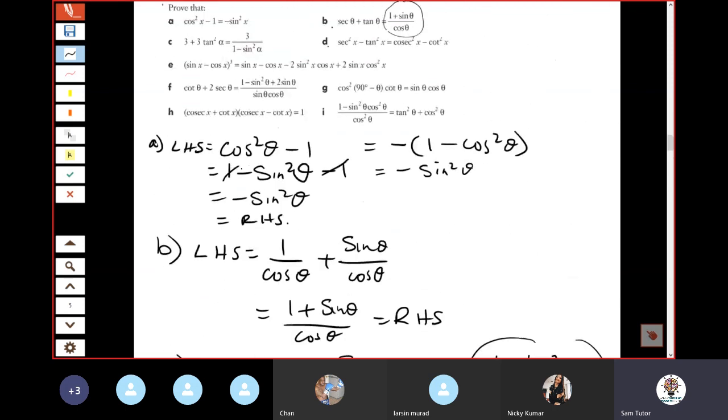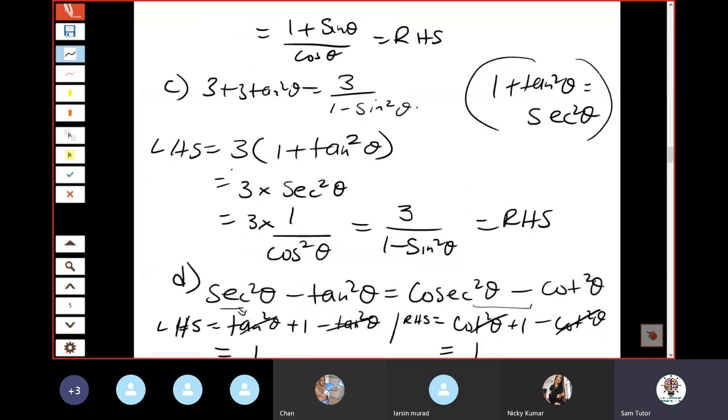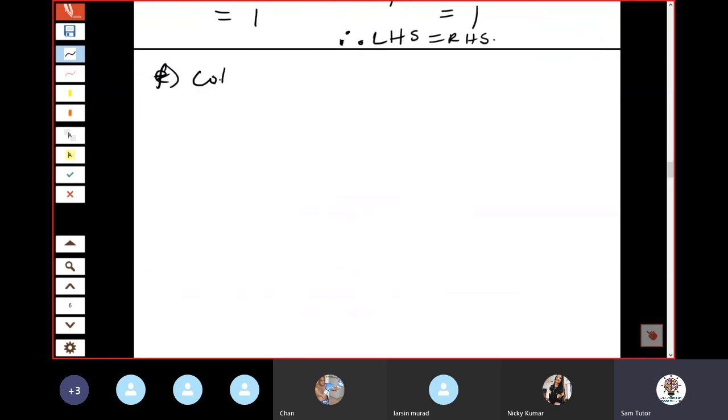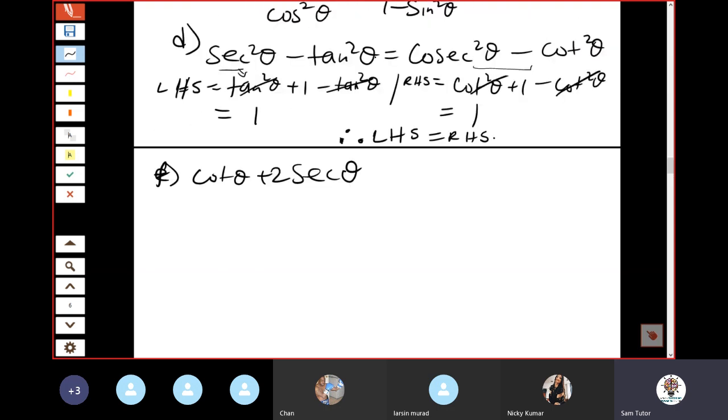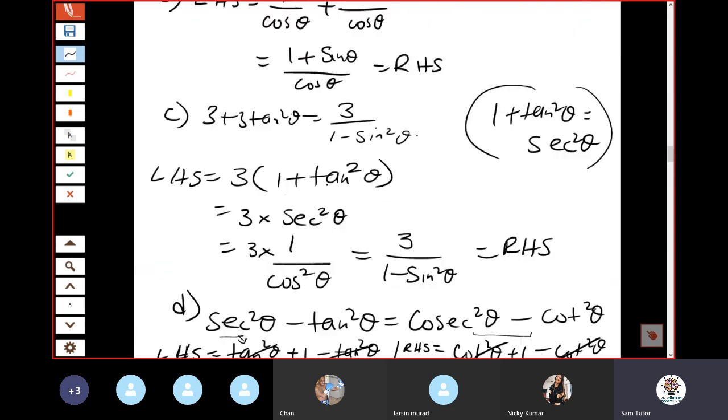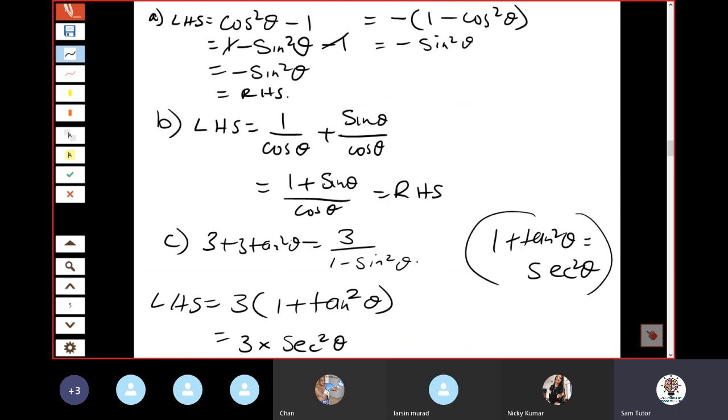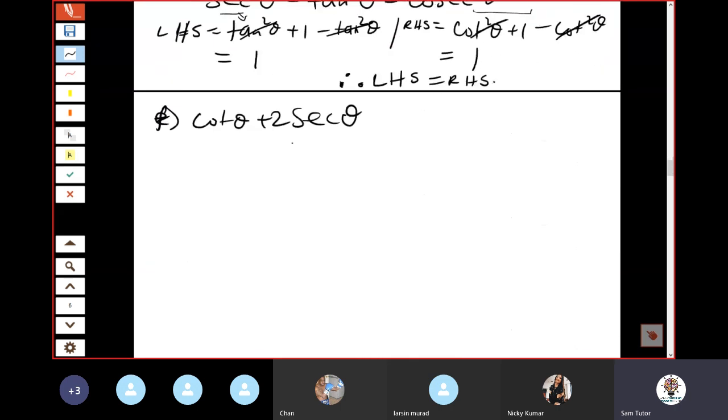F: cot theta plus 2 sec. And we're trying to get it to become, what is it? 1 minus sine squared plus 2 sine theta. Okay. Left-hand side. Who wants to do this one with me?